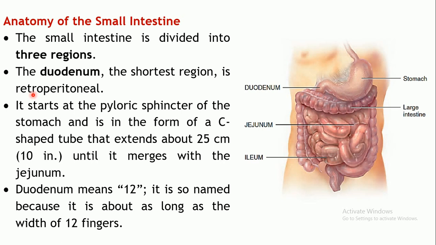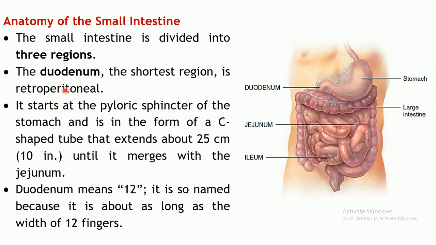Retroperitoneal means something which lies posterior to the peritoneum, and it is covered by the peritoneum only on the front side. It is not entirely covered by the peritoneum. That's why it is known as retroperitoneal, that is, it lies backside of the peritoneum.